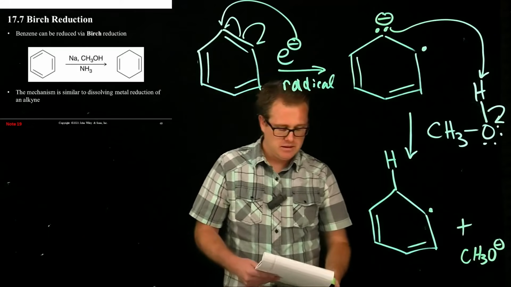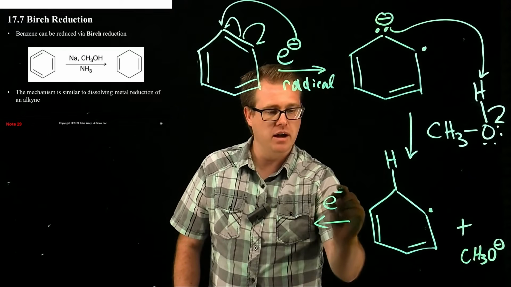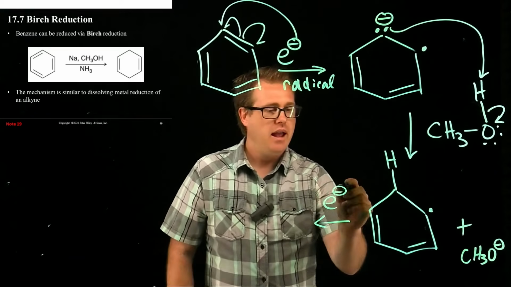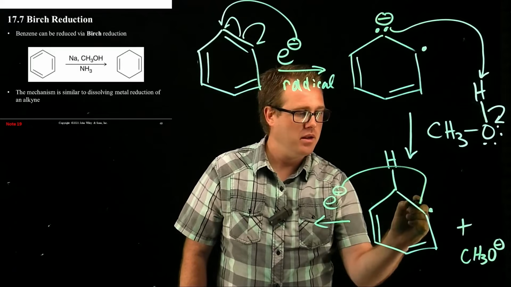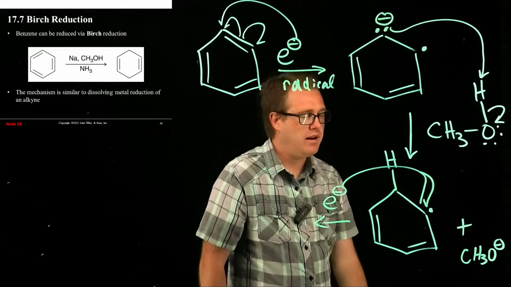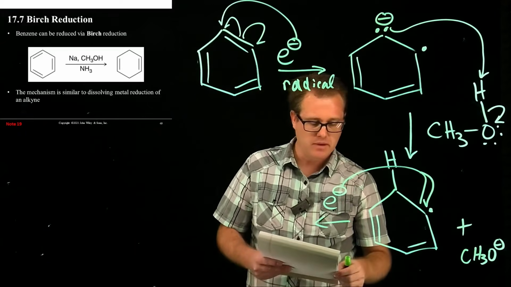Okay. Now the next step, right here, is we're going to have a lot of these dissolved electrons in the solution. So that electron's going to come right there and give its electron to this radical right here. Okay.